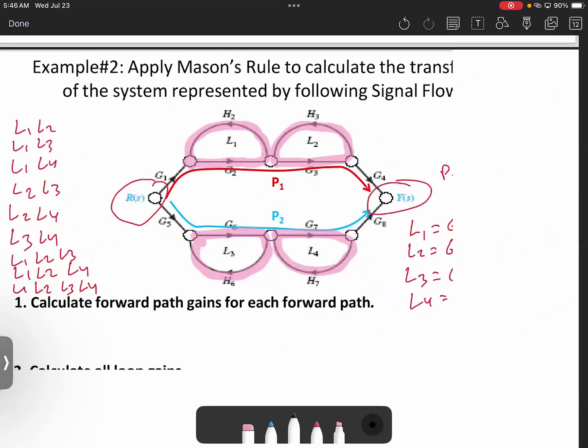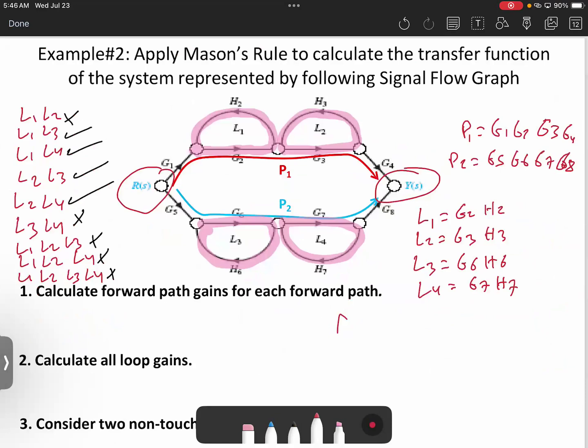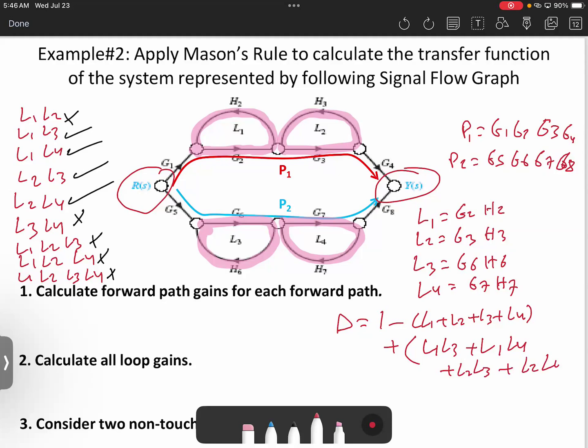Four non-touching groups. So we would say delta equals 1 minus L1 plus L2 plus L3 plus L4, plus L1 L3 plus L1 L4 plus L2 L3 plus L2 L4.